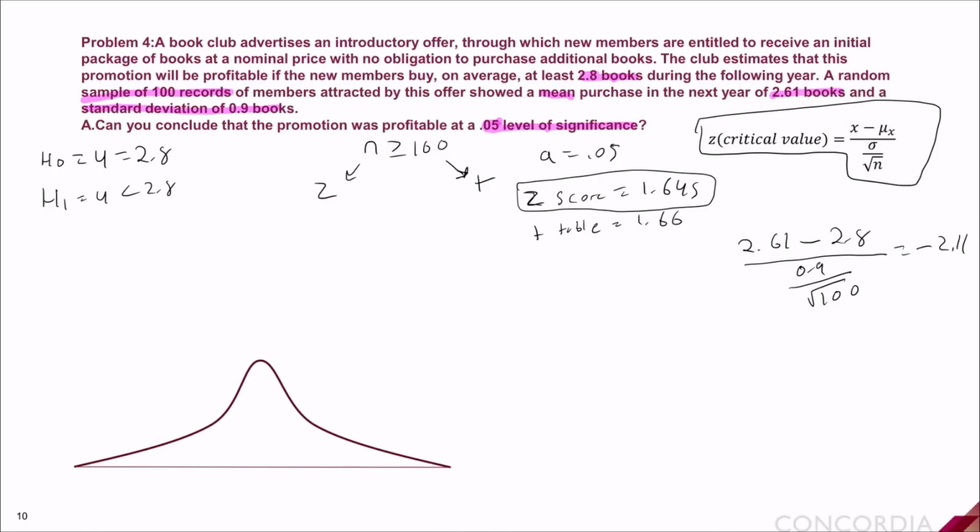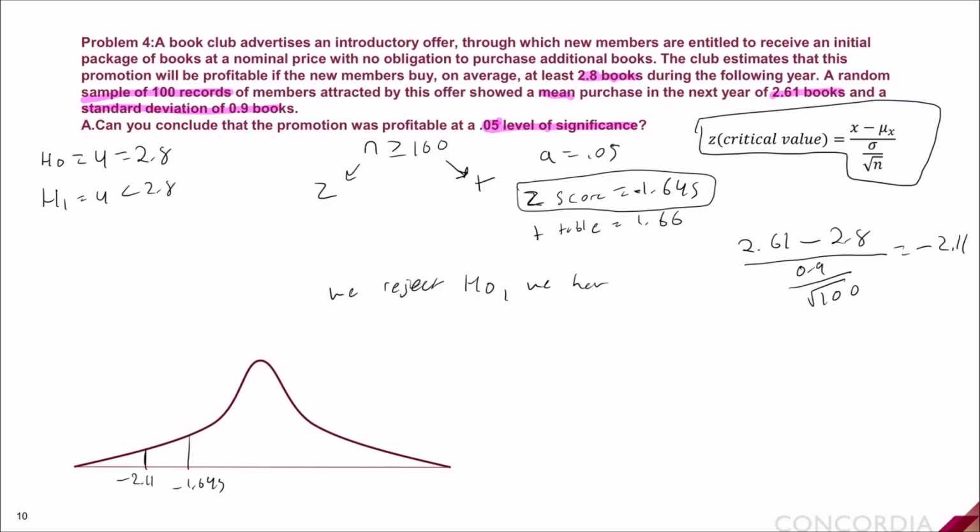Since we're dealing with a critical value that is negative, we'll have to use our negative z-score as the cutoff. And since our cutoff is 1.645 and our critical value is to the left of that, or below that value, we have to reject H0. We reject H0.